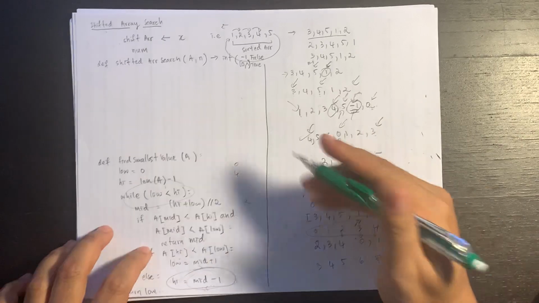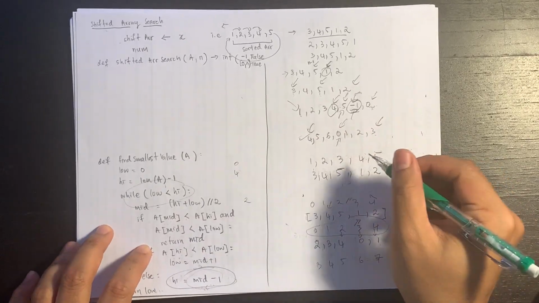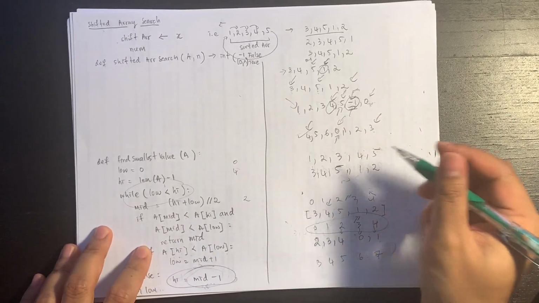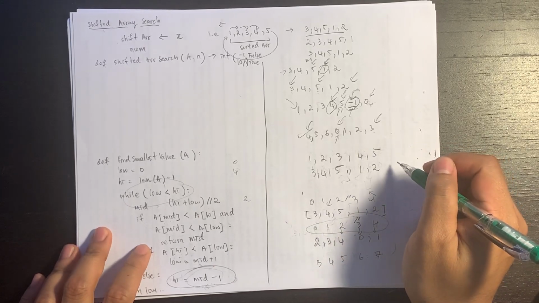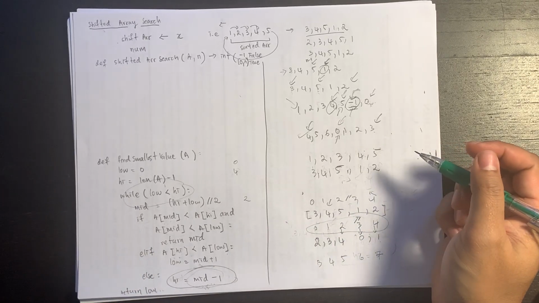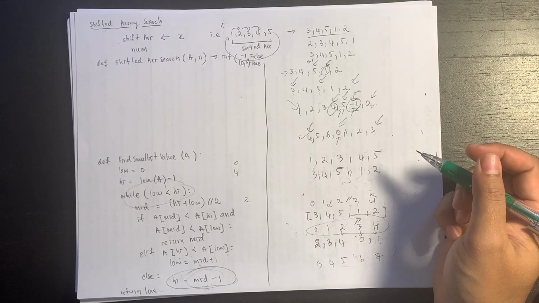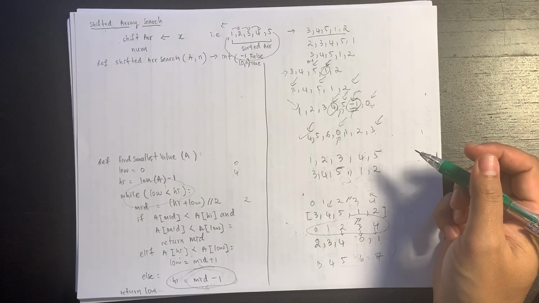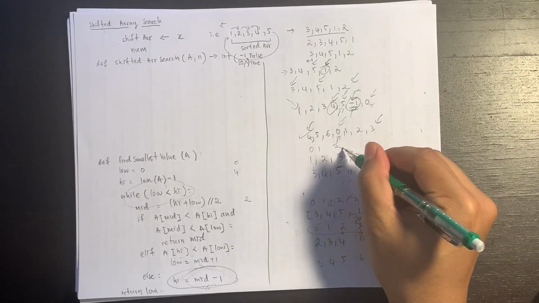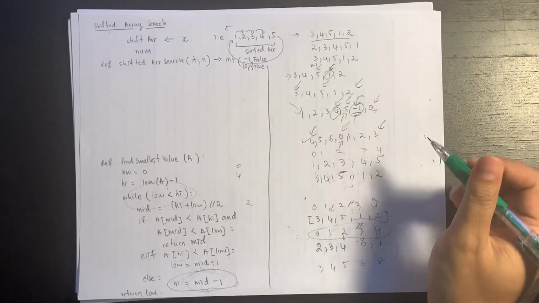So basically, we just shift to the right by 3. So we just add everything by 3 and mod it with 5, because the maximum you can go is 4.